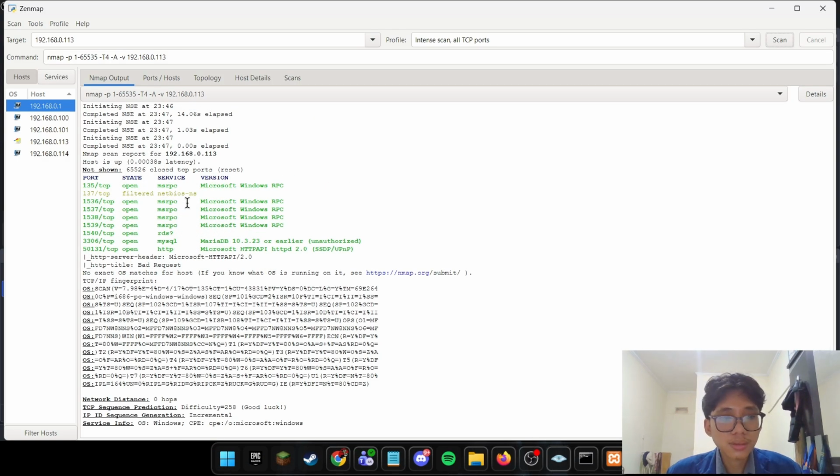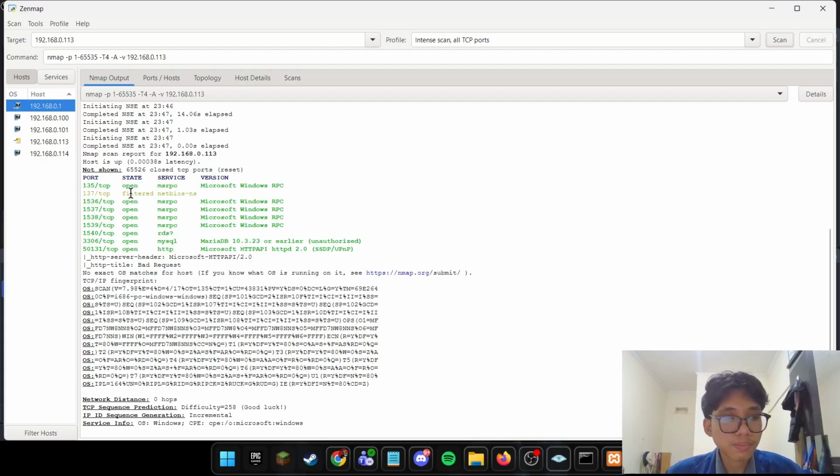Unlike the previous scan, this method scans the entire range from port 1 to 65,535. This allows us to detect not only common ports but also less visible or dynamically assigned ports.